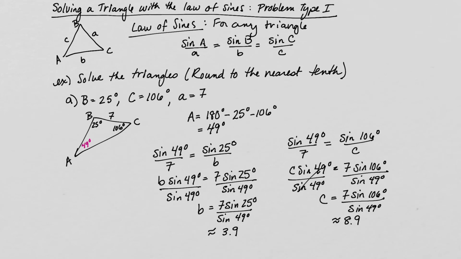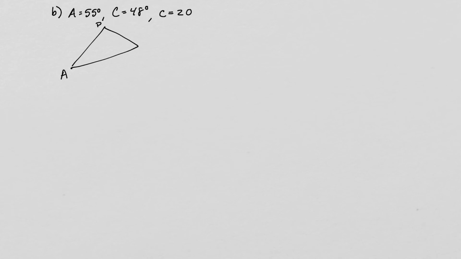So we'll try one more here in this first group of them. So A is equal to 55 degrees, C is equal to 48 degrees, and little c is equal to 20. So again, I have my generic triangle. It's not drawn to scale. So I have A, B, and C. So I know A is 55 degrees, C is 48 degrees, and I know little c is 20.